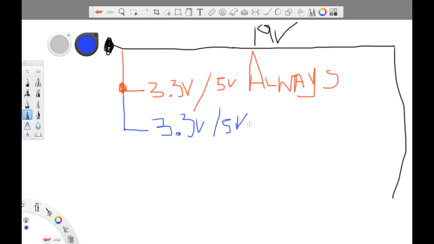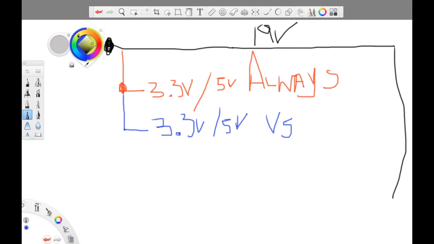Okay, it's not always on, but it comes after you have pressed the power button. It's called 3.3 VS or 5 volts VS. It means it comes after you have switched on the laptop. Okay, you won't have this voltage unless you press the power button. Okay, let's go ahead.